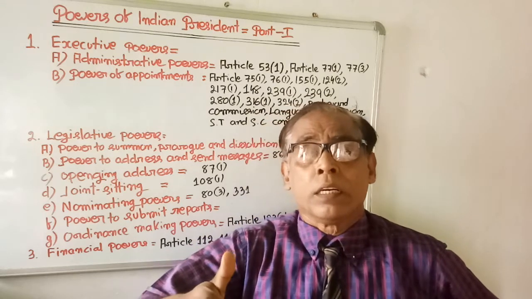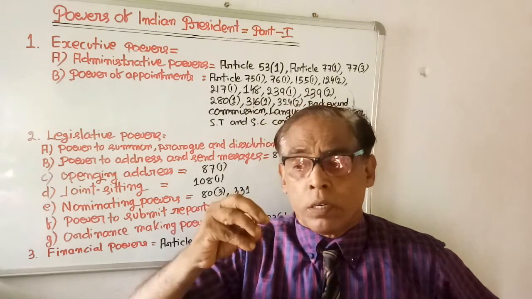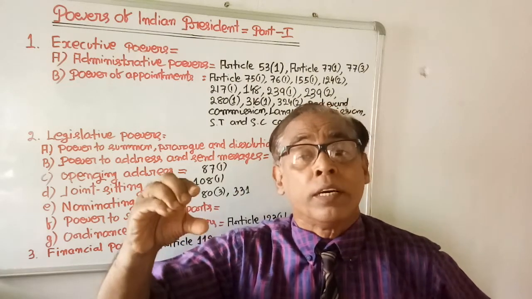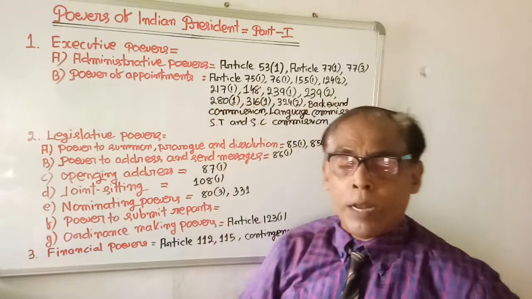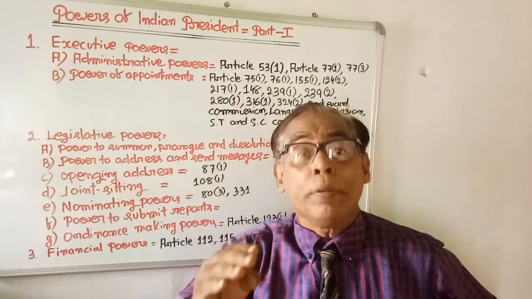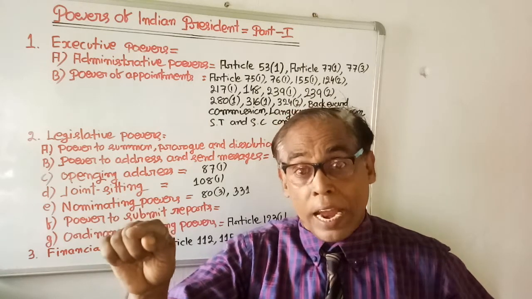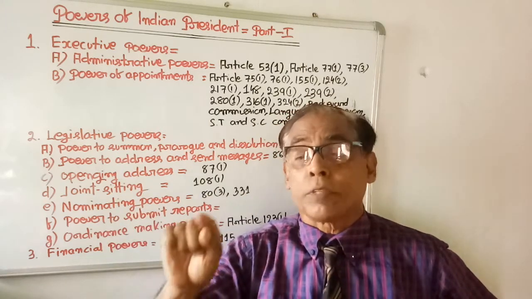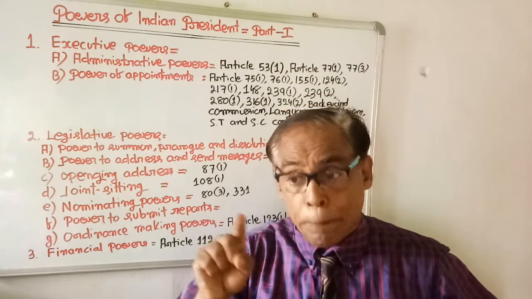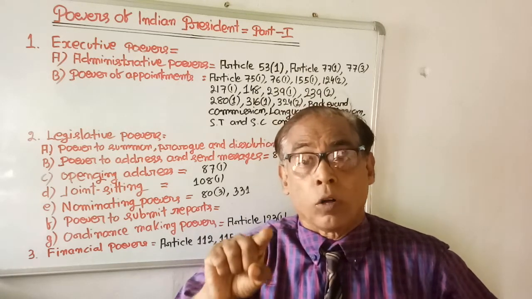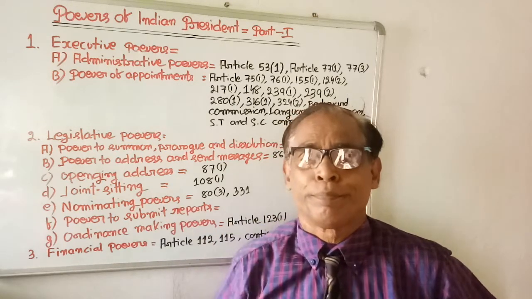Indian President gives appointment to some important officers of the country. Under Article 75 Clause 1, the Prime Minister of India is appointed by the President, and other ministers of the Union government are appointed by the President on the aid and advice of the Prime Minister.